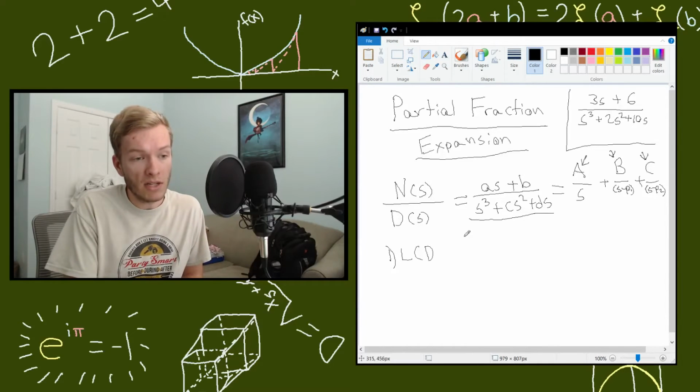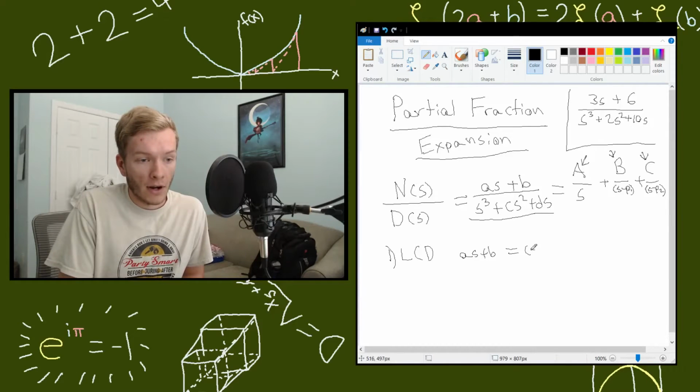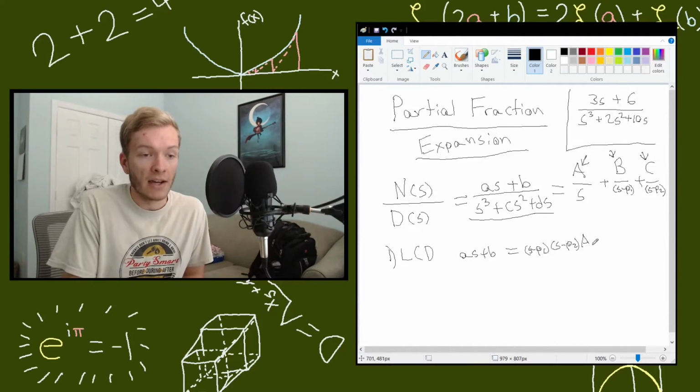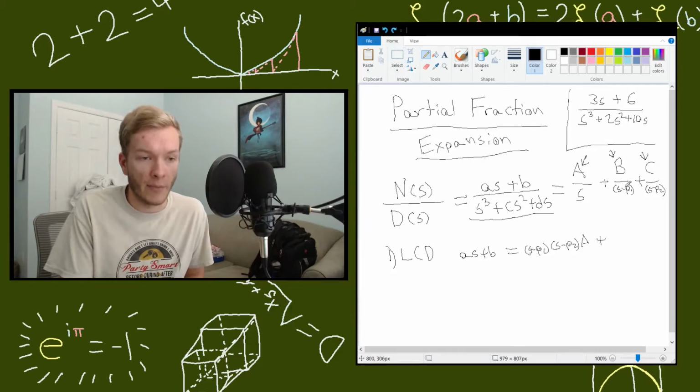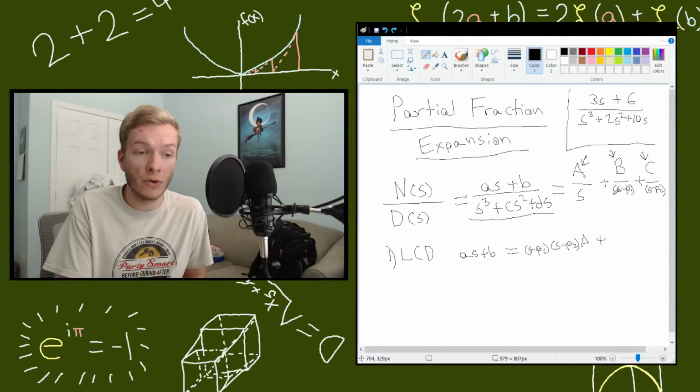So what this means is we would multiply this out, and we would have As plus B is equal to our S minus P1 times S minus P2 times A, and then the same for the others, but excluding the one that is currently in their denominator, because when we multiply this through, this one would cancel with the one on the top.